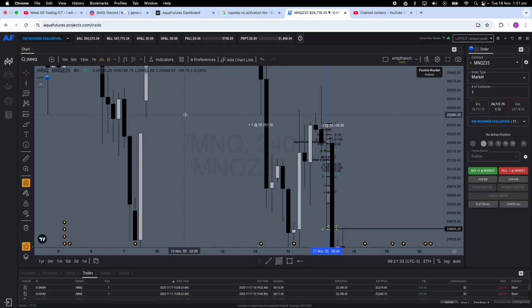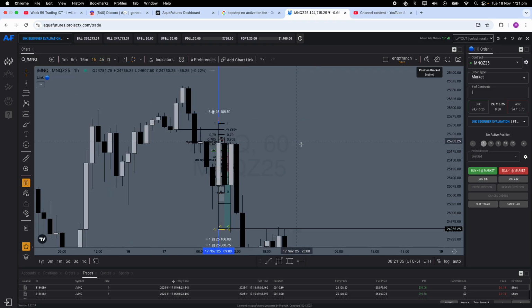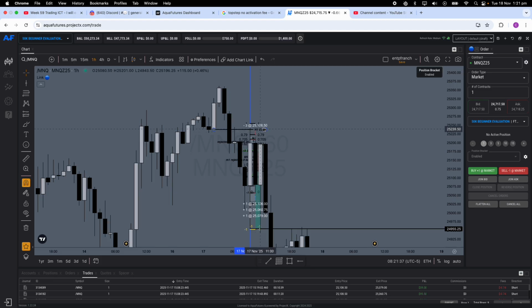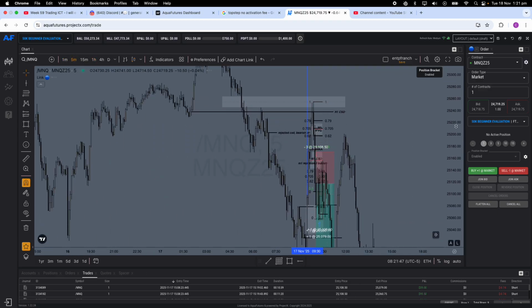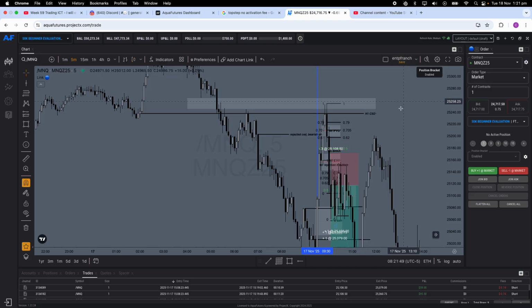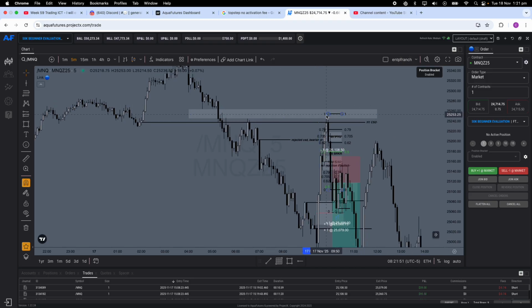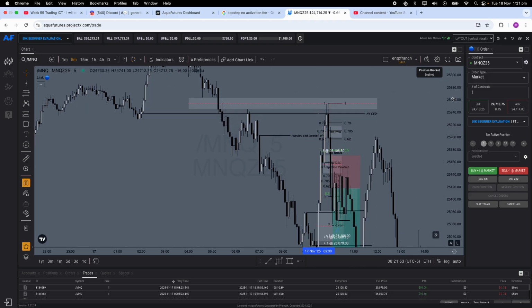I believe it is only the 1 hour. Bang, so we re-tap in, also tapping into this gap. So there's your key level. There's your CSD marked. You can see the bodies are respected the whole time.